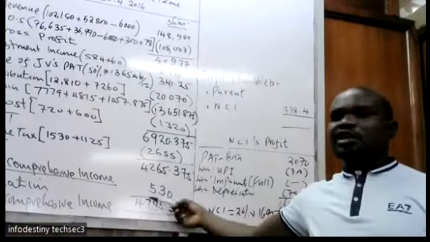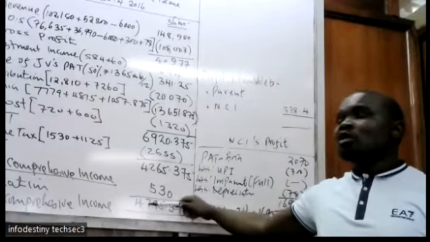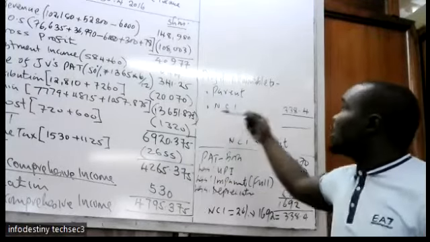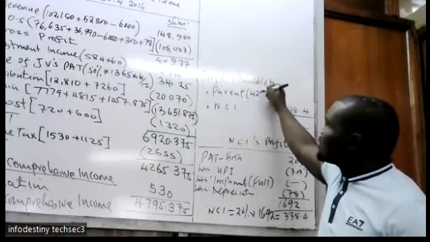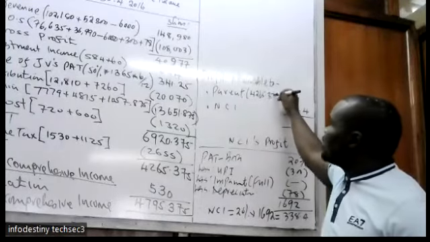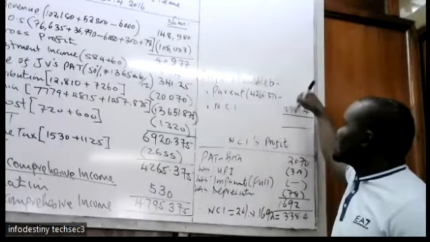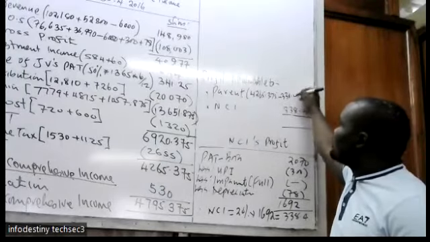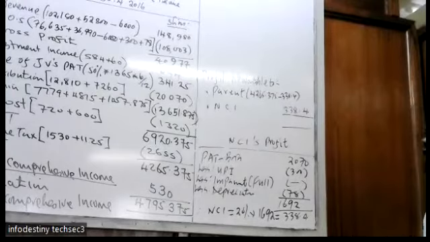So it means parent goes with the difference. Check this. The total, not this one, sorry. The profit for the year is this one. So you take this one here, 4265.375 minus what has gone to the NCI, 338.4. So parent goes with the difference.